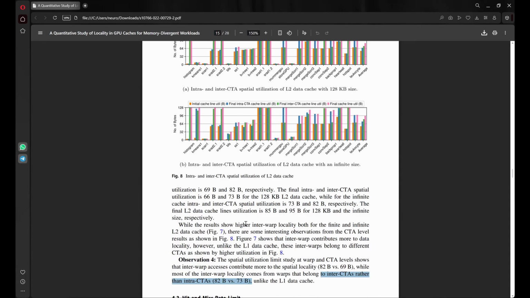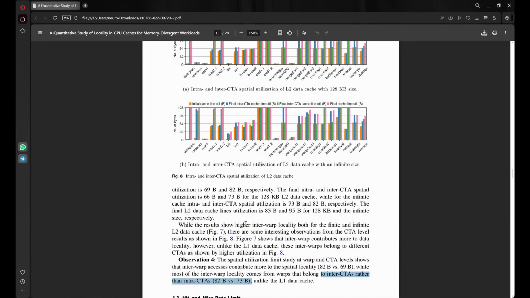Okay, so they ran all these various experiments, and they see this kind of co-locality type thing. I don't know if it's called that, but they see a lot more spatial locality between different CTAs than they would from the same CTA.